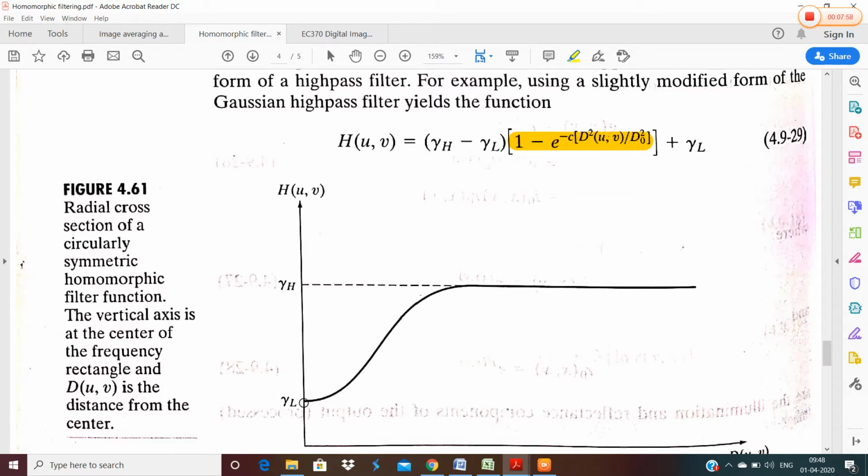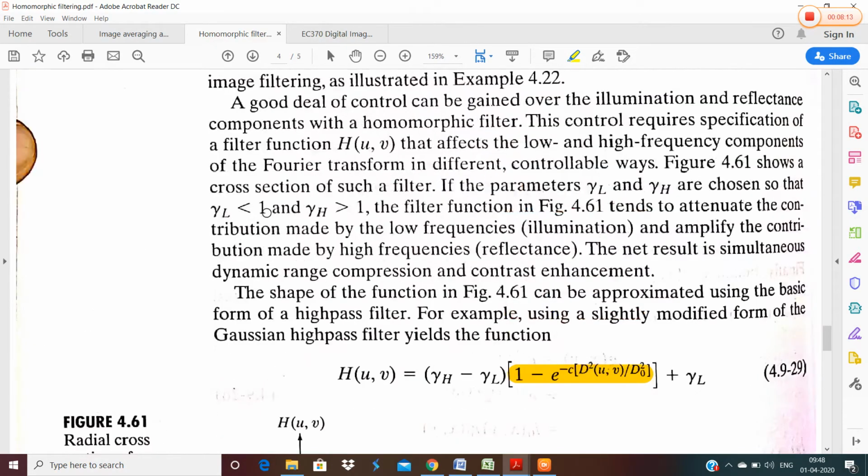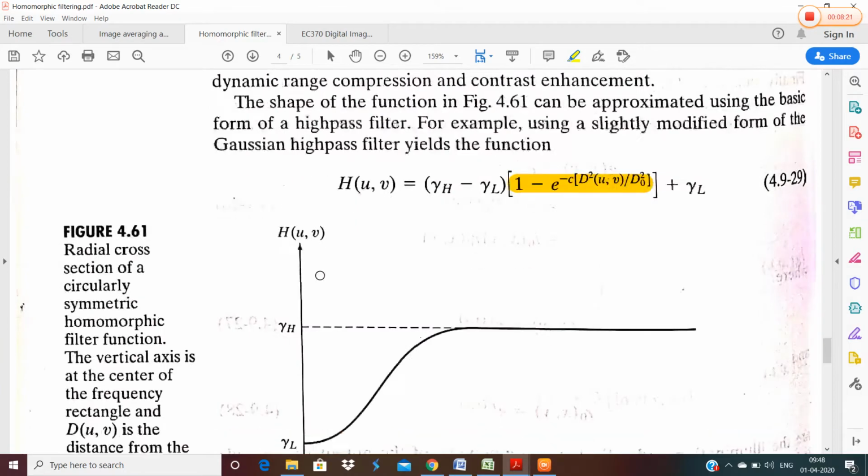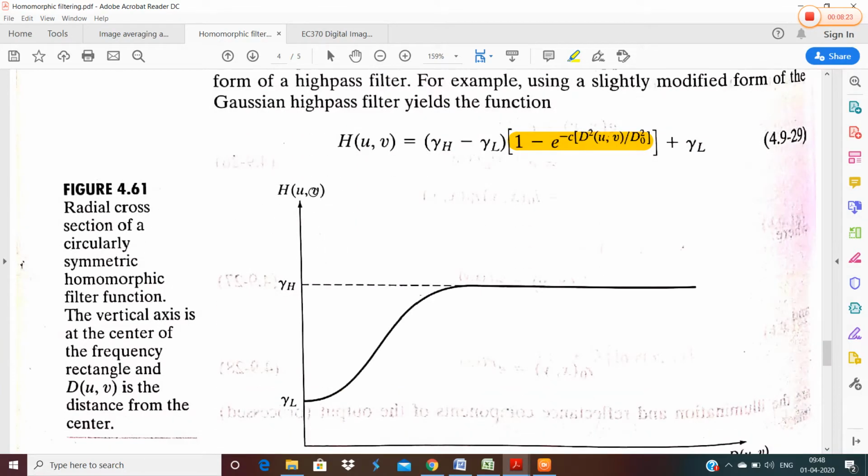This is just like the equation of a capacitor charging exponentially: 1 minus e means finally it gets saturated. So you are taking two values, gamma L and gamma H, in such a way that gamma L is less than 1, gamma H is greater than 1. So gamma L and gamma H are the two parameters associated with the response of the filter for low frequencies and high frequencies.